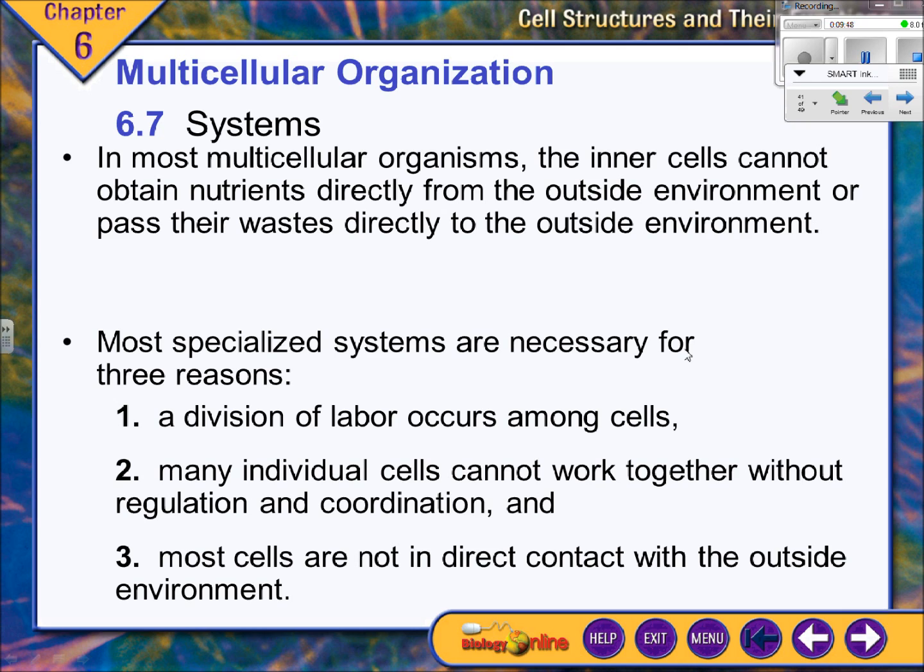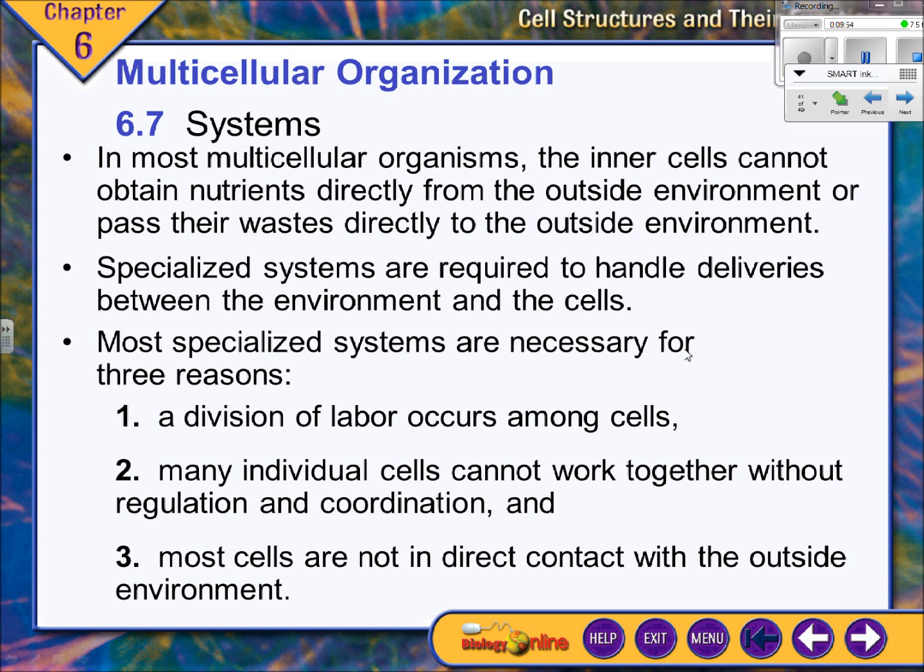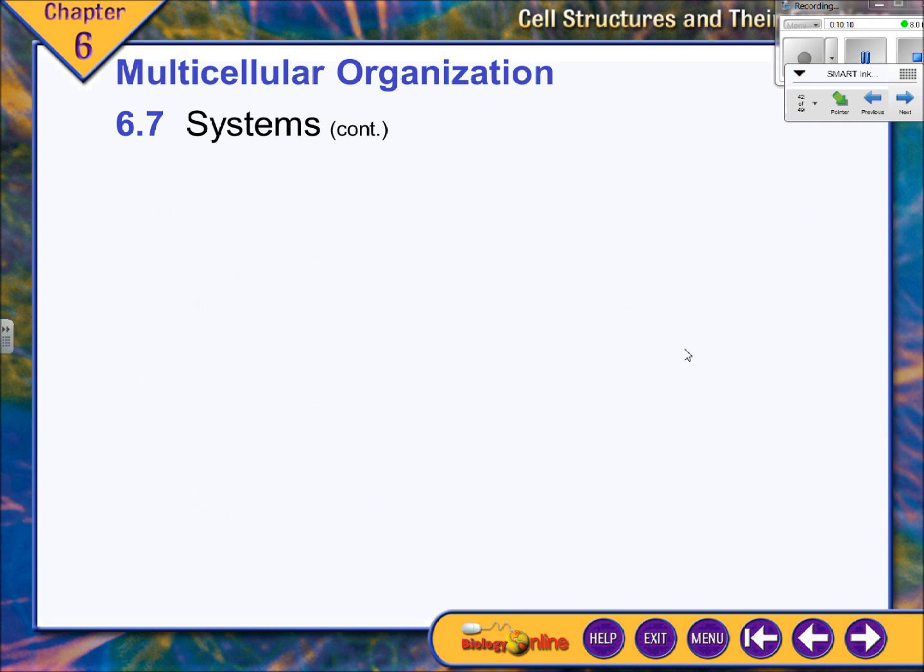Okay, so most cells are not in direct contact with the outside environment. So we need specialized systems that handle deliveries between the environment and the cells. And we have it with our digestive system, right? We have it with our circulatory system. We have it with our respiratory system. All those systems are about getting things in and out to every single little cell.